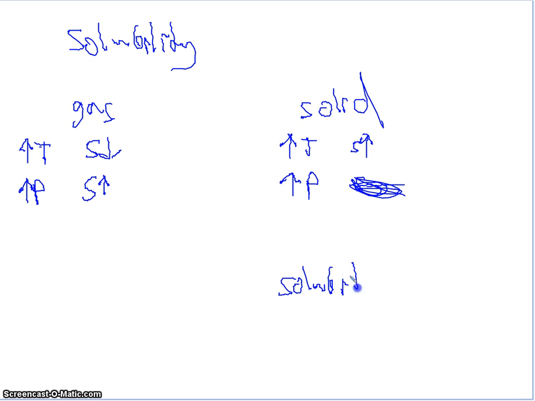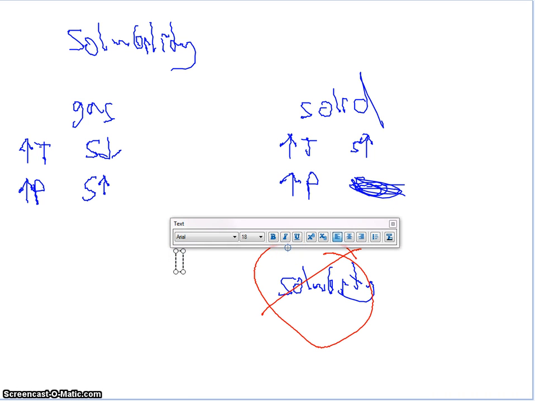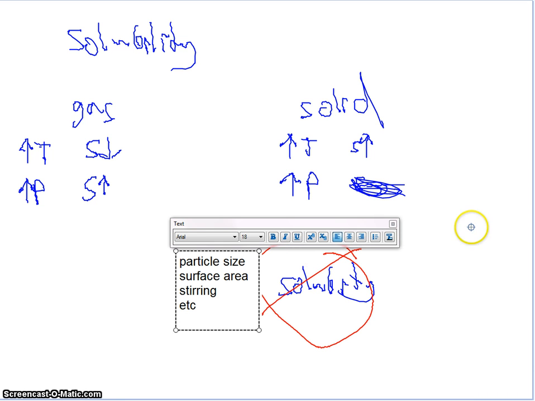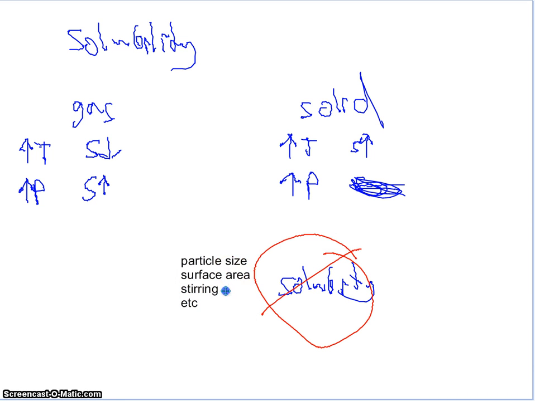So what are those things that have no effect? Particle size, surface area, stirring, etc. Anything that's not pressure or temperature really has no effect on solubility.